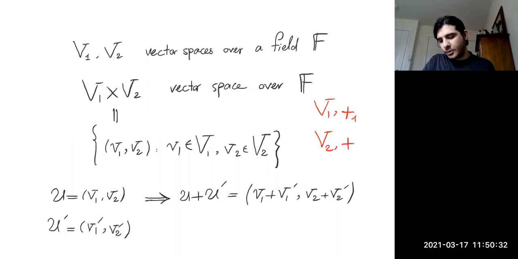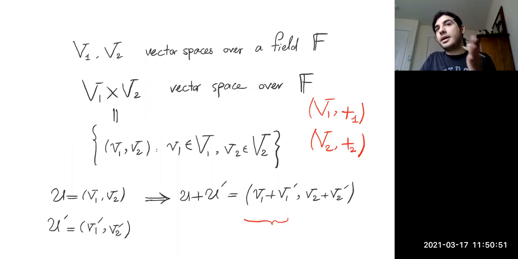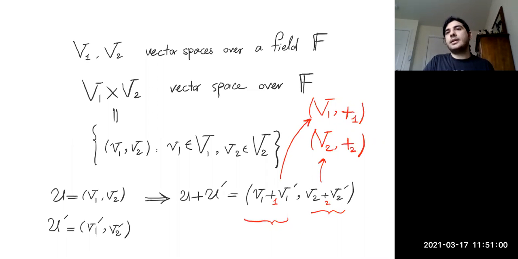We don't usually do this, but I could denote the addition with an index 1 under it, and then we have another addition for V2. So in the first component, when I have v1 plus v1 prime, that plus is the addition inside V1. The second one is the addition in another space. So these two additions are different, in different vector spaces.